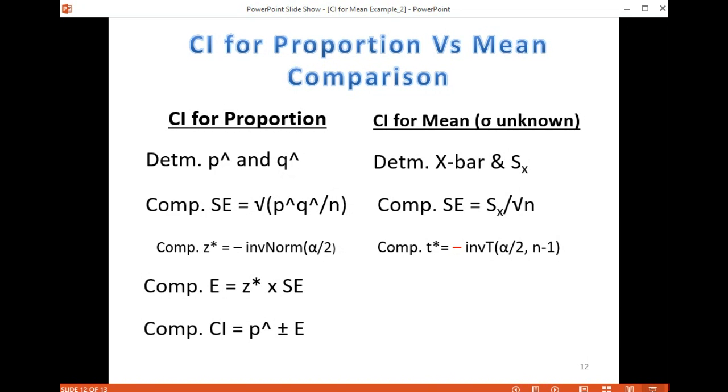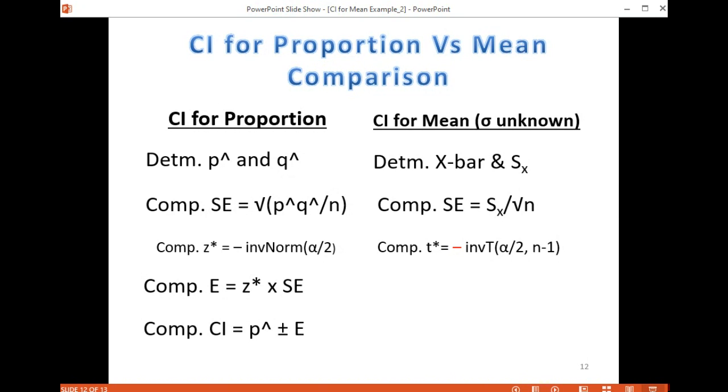If sigma was known, then that second step on the confidence interval for means side would be sigma over square root of n. And instead of T star in the third step, it will be Z star. And it would be the same computation as on the left side.